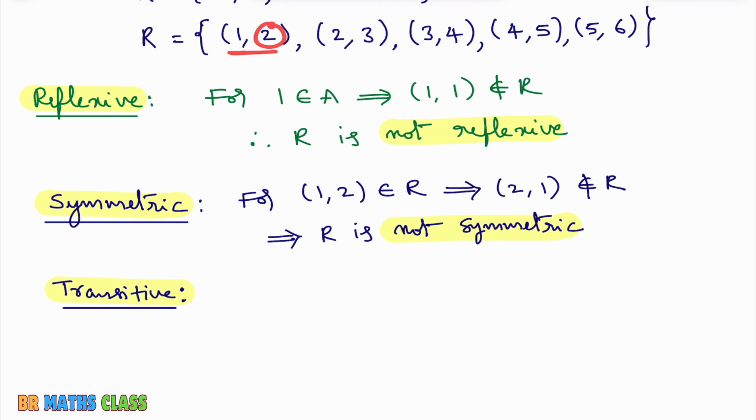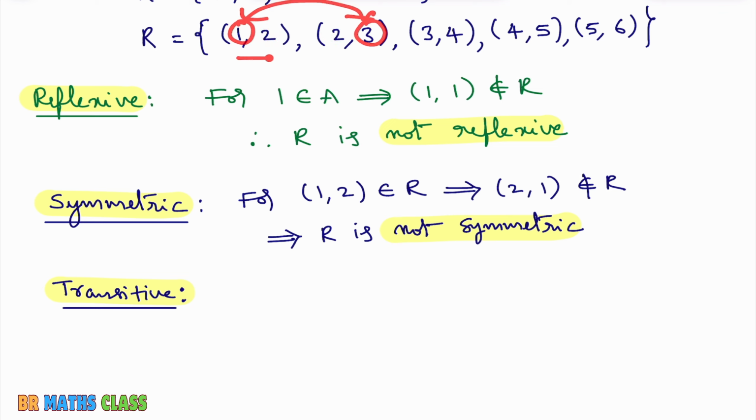You look, does any other start with 2? Yes, here this one starts with 2. That means there exist x, y, z. What is (x, z)? (x, z) is the ordered pair (1, 3). Is the ordered pair (1, 3) in this relation? No. So we can conclude here this relation is not transitive.